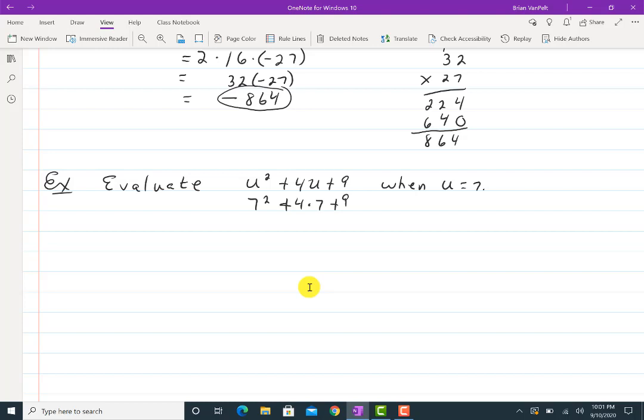I'll, of course, do the exponent first. The 7 squared I'll do first, and I'll get 49 plus 4 times 7 plus 9. 4 times 7 is 28. And I think we're going to have 77 plus 9 equals 86.